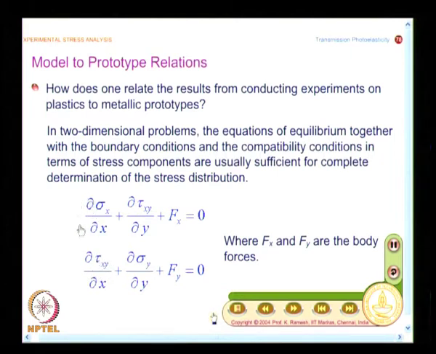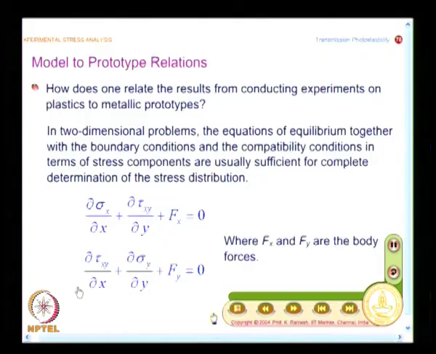Does this expression have any elastic constants? This expression does not have any elastic constants. When it does not have any elastic constants, you do not need variation between a plastic and aluminum to behave when you satisfy this condition. So, the equilibrium condition does not have elastic constants, fine.